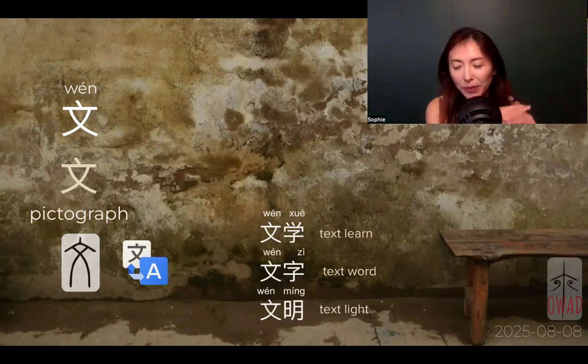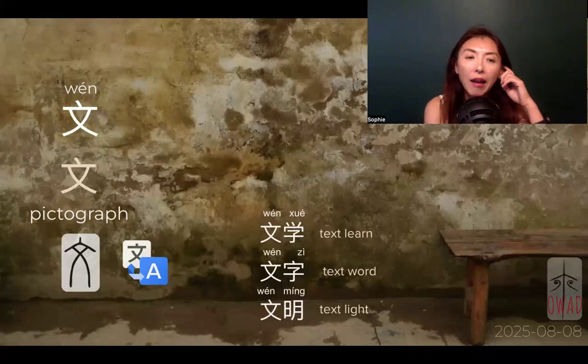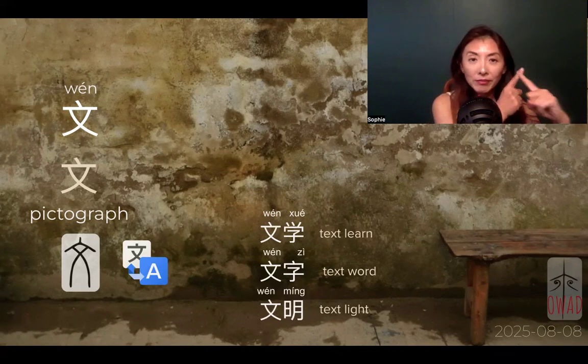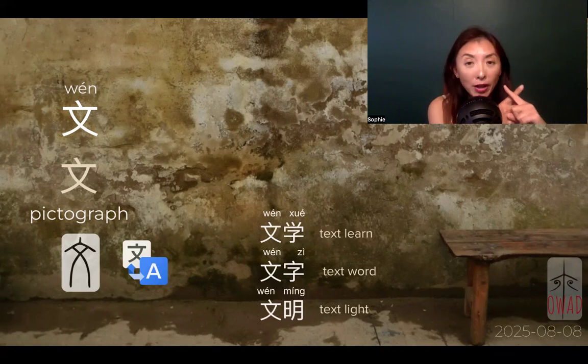standing explainers, generations of scholars who researched this, have this standing theory of this pictograph, this 文 character. This crisscross means human markings. Why is it human? It's not random, not natural cracks, because it's symmetrical.